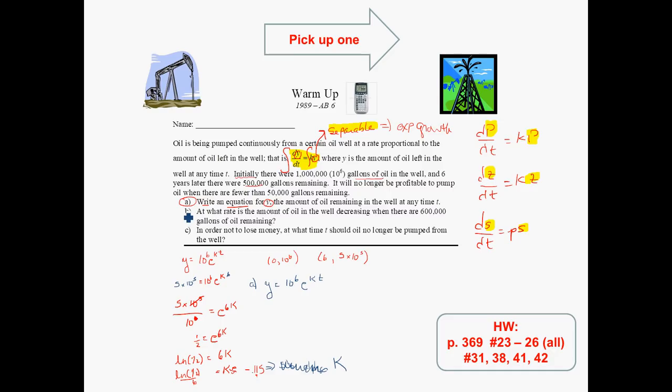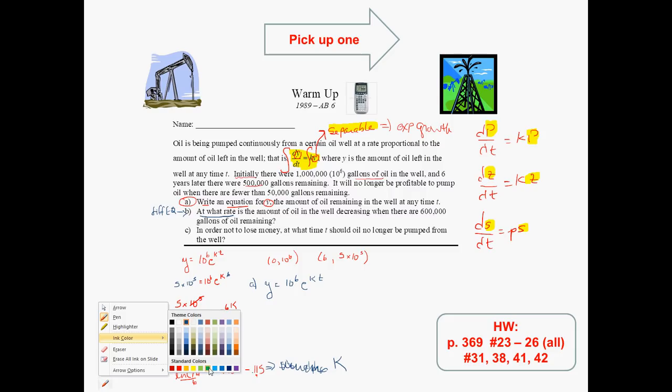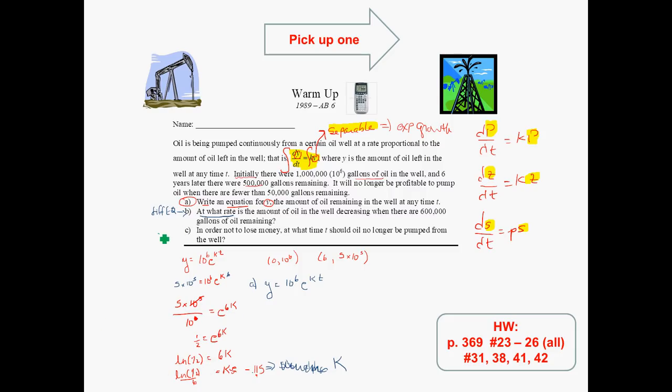Now look at B. B is asking me at what rate, so I have to use the differential equation here. But look at C. C is asking you at what time should oil, not a rate of oil, just gallons of oil.